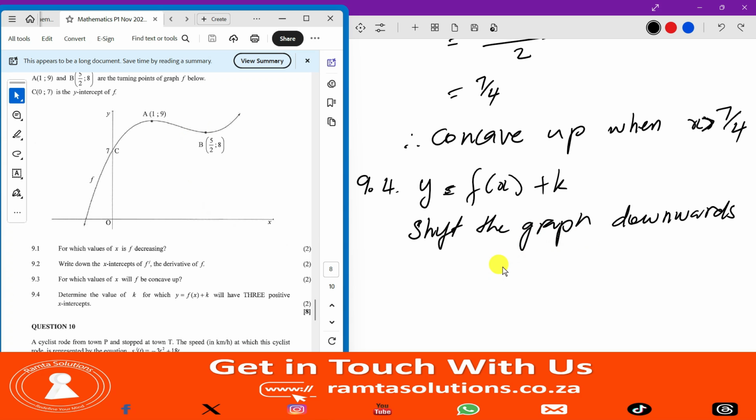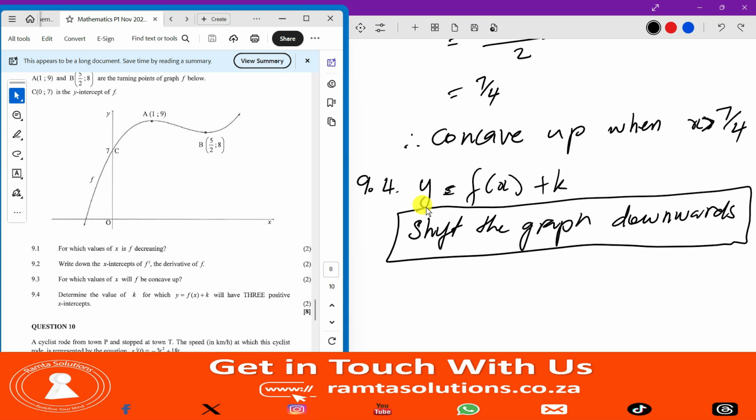So what I can therefore say is, try shifting the graph downwards. When you shift it downwards, I prefer to say let your k be greater than negative 9 but less than negative 8.